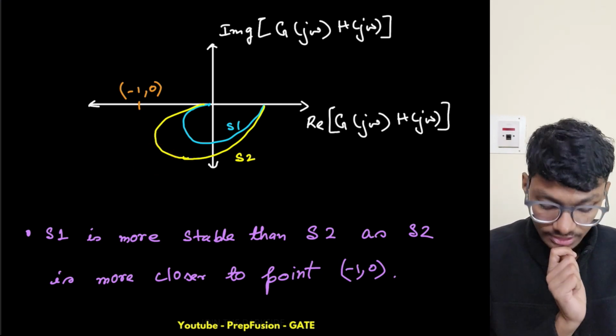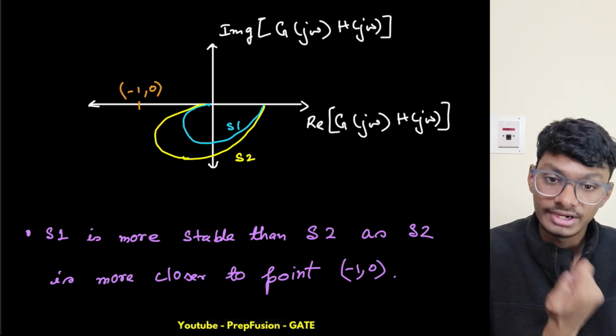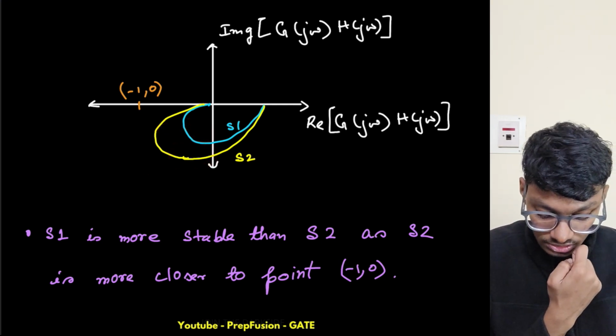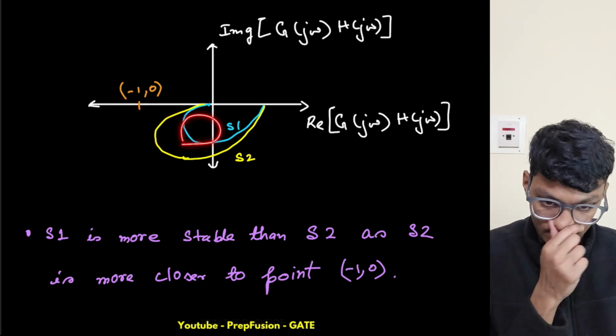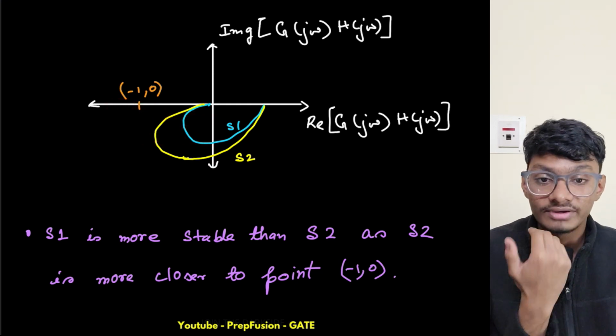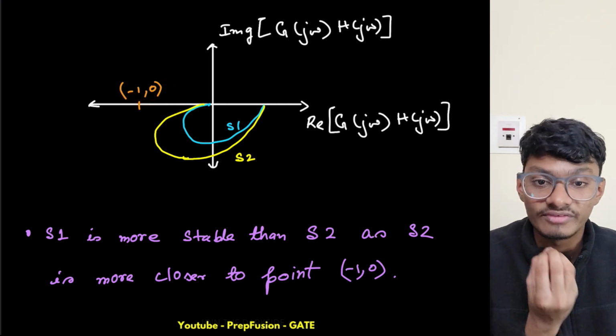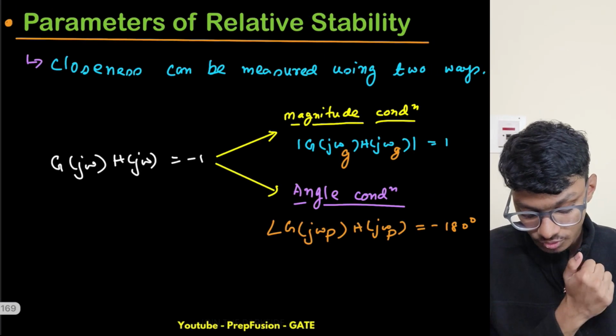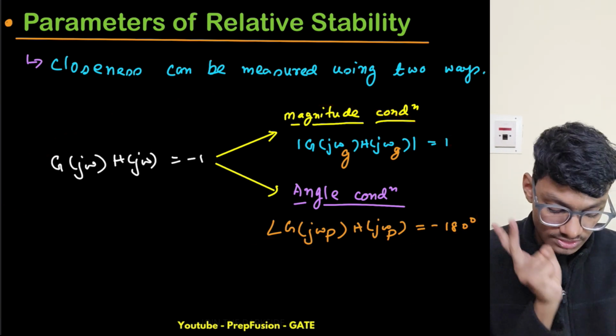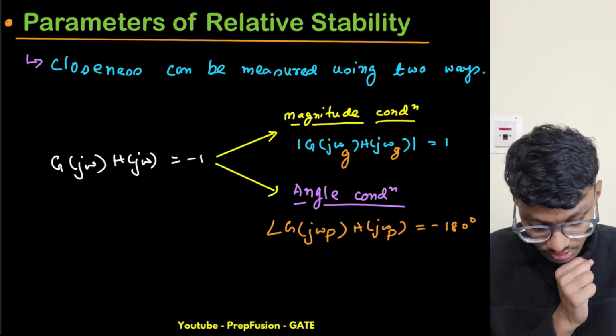S1 will be relatively more stable than S2 because this is closer to the -1 point than this one. Now how can I quantify the closeness to the -1 point? I have visualized it, but how can I quantify it mathematically? I can quantify using two conditions: one is the phase condition and one is the magnitude condition.